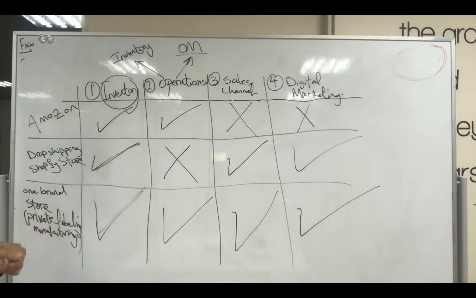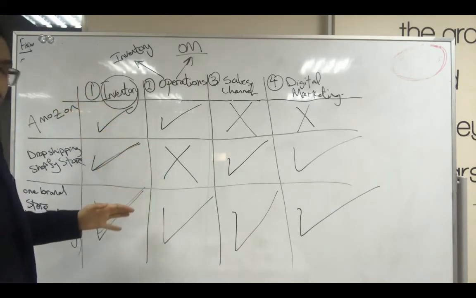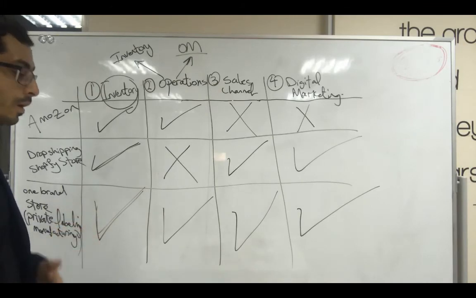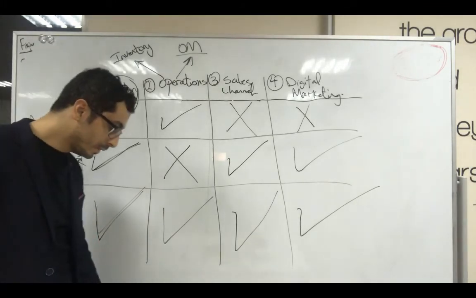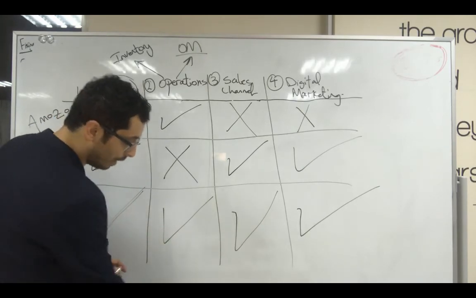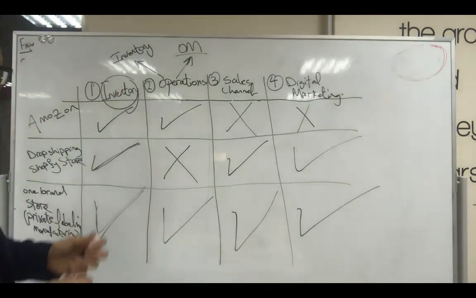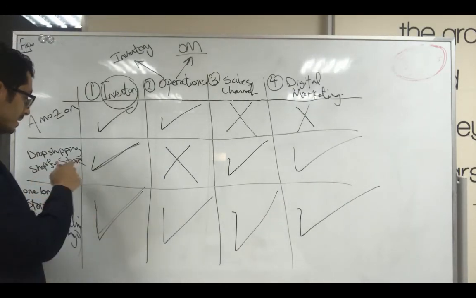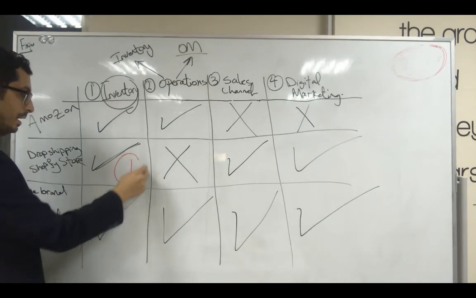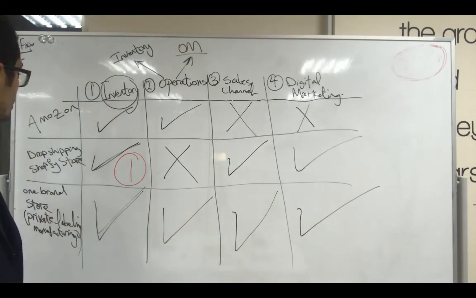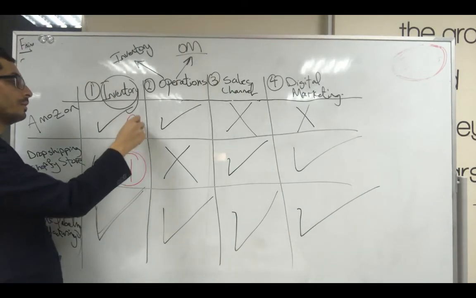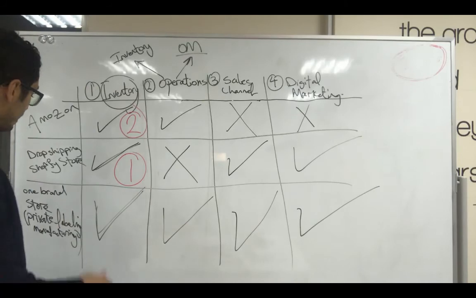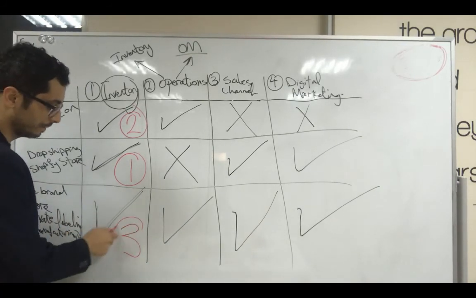So as you can see, there are 3 examples, but each one of those examples has different components that are required from your side to build. And if you want to ask me how we can rate them from the easiest to the hardest, drop shipping stores are the easiest stores to build. Then comes the e-commerce model, and then comes the one brand website.